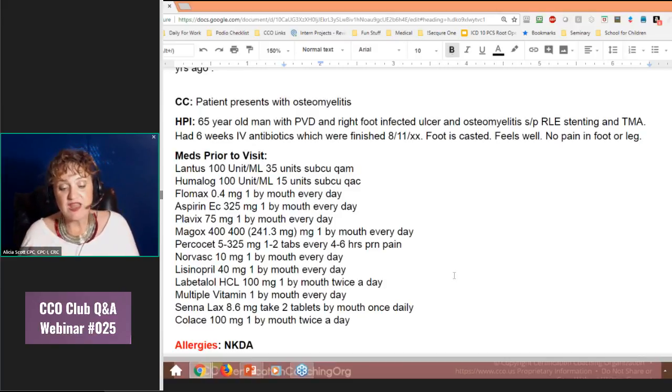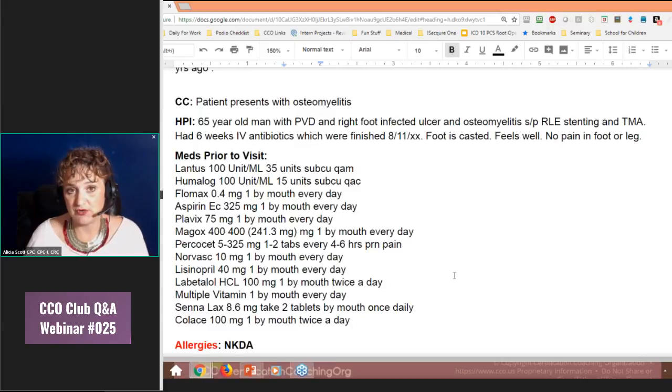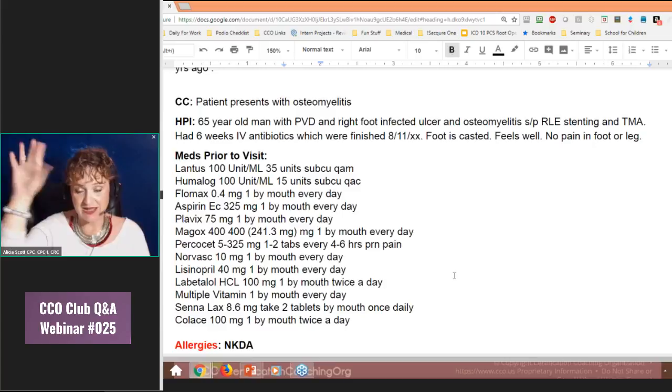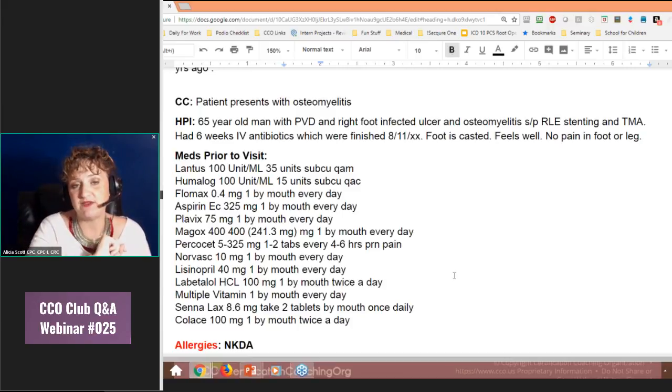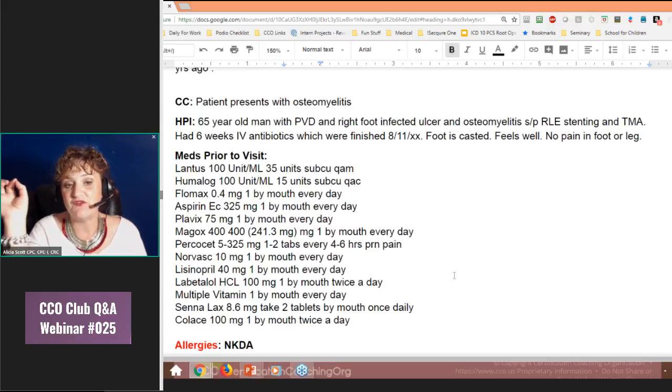Now, another red flag should go up in your coding spidey senses. If a patient has diabetes and they have PVD, what does that tell you? That's a different code than just your regular type 2, E11.9, right? They actually have a vascular disease, a complication.